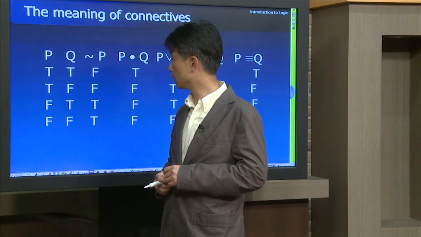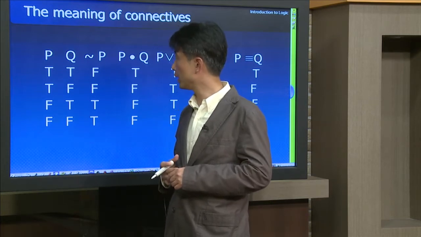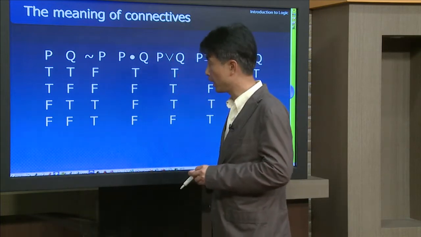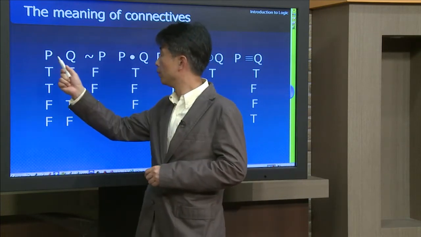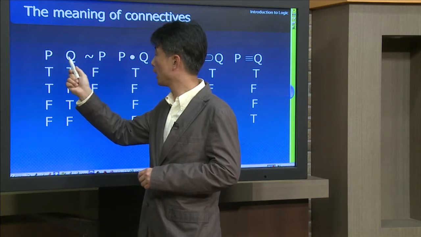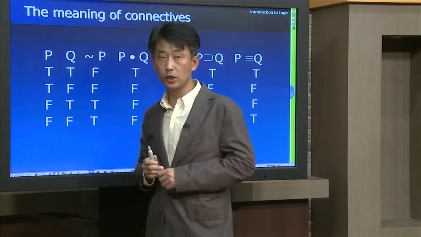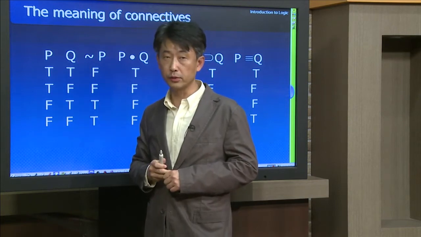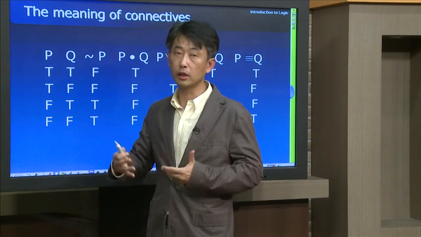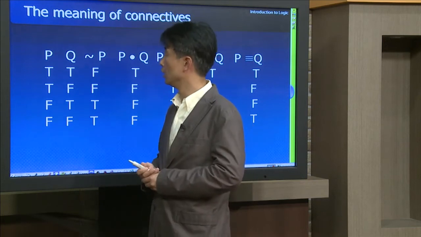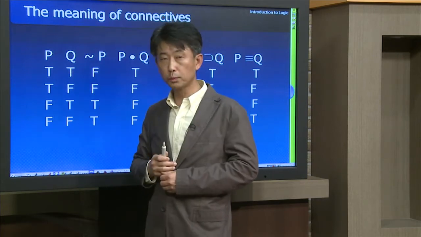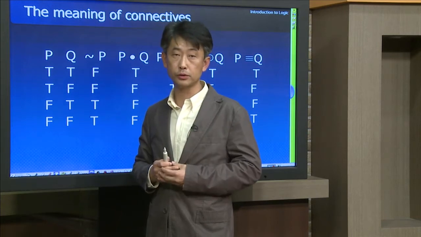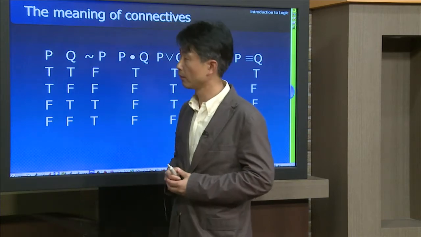There are 2 ways a coin can turn up, head or tail. So proposition P can have T or F as truth values, and Q can have T or F as truth values, like a coin which can turn up head or tail. So when we consider those 2 propositions, there are 4 different combinations of truth values.